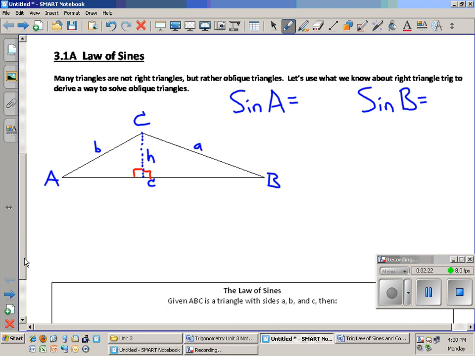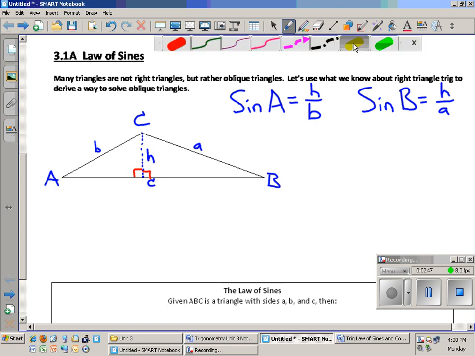Yeah, H over B. And the sine of angle B would be, yep, H over A. You can respond in class when I ask questions, even though I'm not here. If you look at these two expressions, sine of A equals H over B, and sine of B equals H over A, as you notice, they both have an H in common.